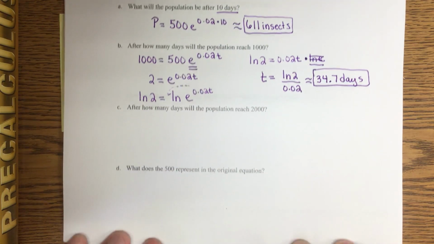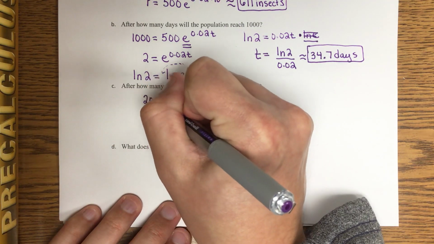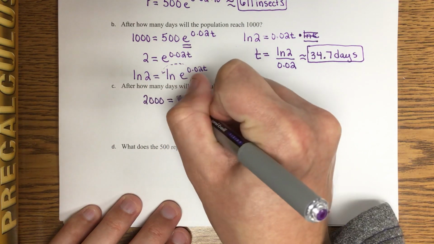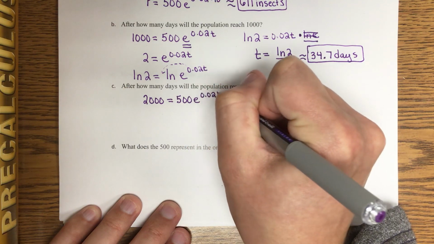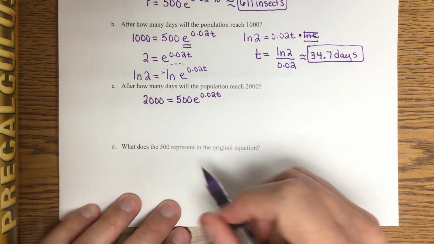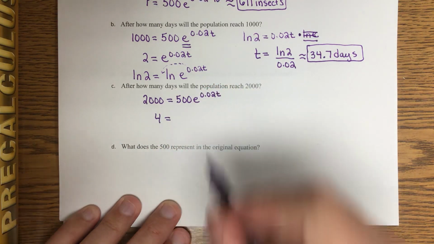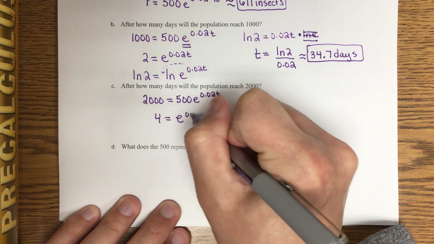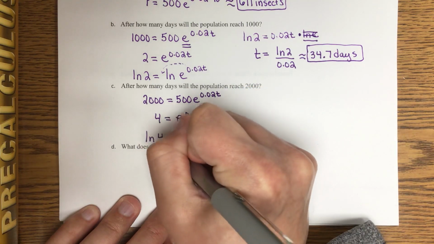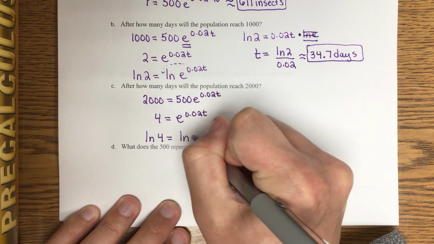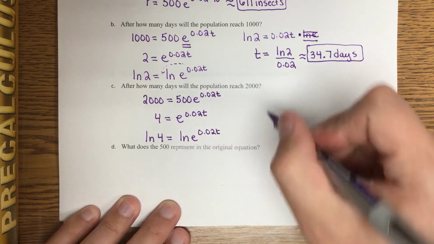So then in part C it says, same idea, how long will it take to reach 2,000? So I have the following formula. I'm going to divide by 500, which 2,000 divided by 500 is 4. And I'm going to take the natural log on both sides. And then I will move the power out front.